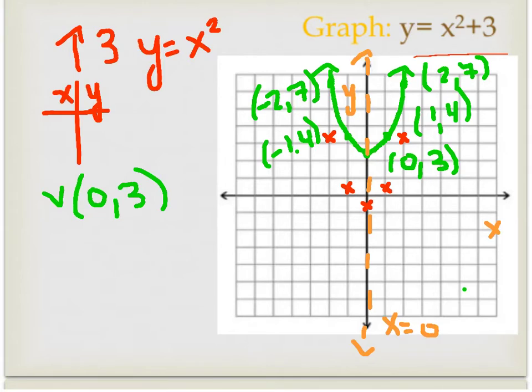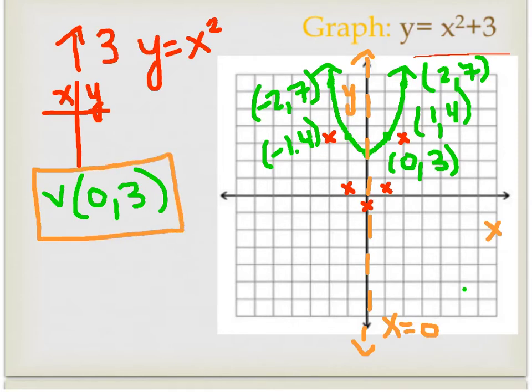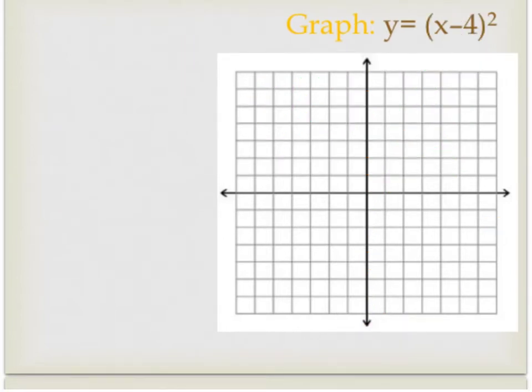And that's it. Now, of course, there's other ways to graph this. You could first graph the vertex and then pick points around your vertex to find the other coordinates. But I think whenever it's in vertex form, which it is, y equals x squared plus 3, it's easiest just to do transformations. Alright, so what about this guy? Well, it looks like he was shifted right 4.